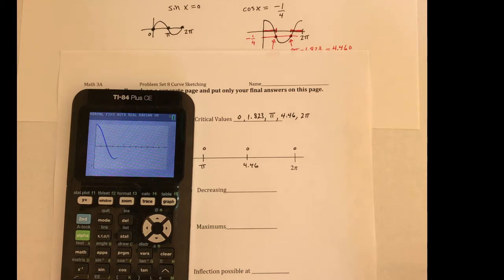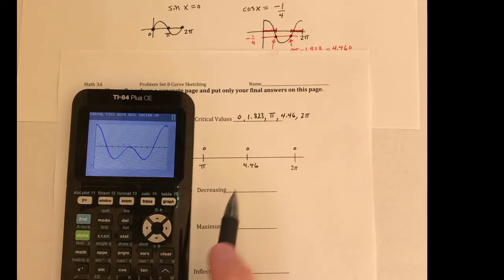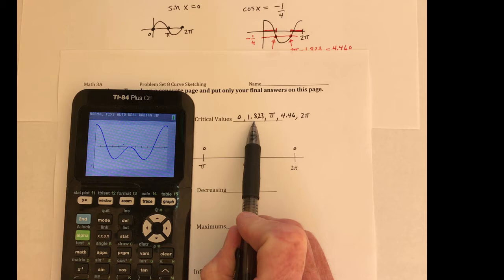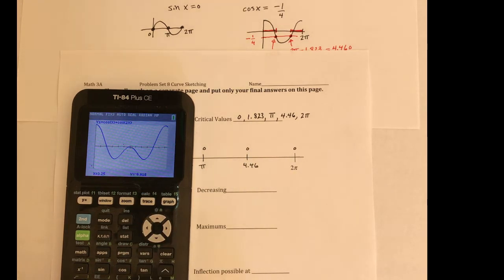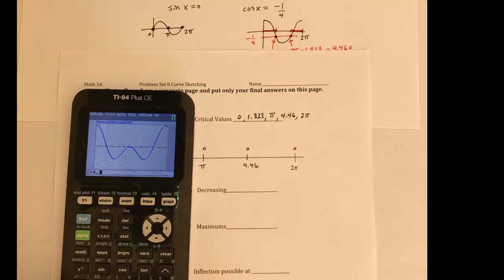So first it goes down, and then up, and then down, and then up. It makes a little W. So this point right there at the bottom, that should be this 1.823. Yes, that one's correct. And at the bottom right here, that should be the 4.460.